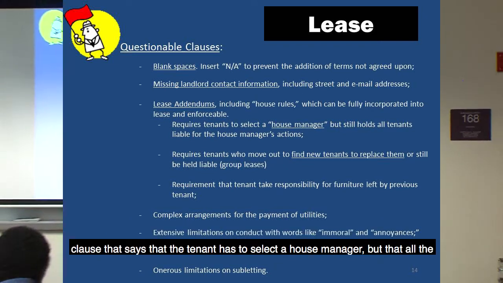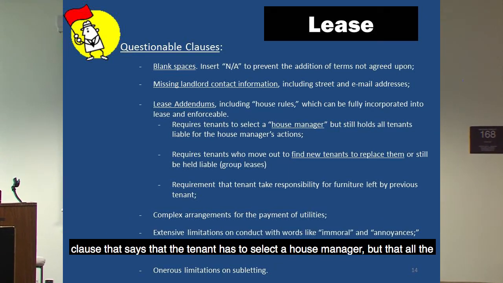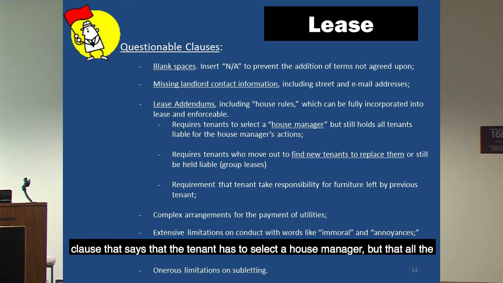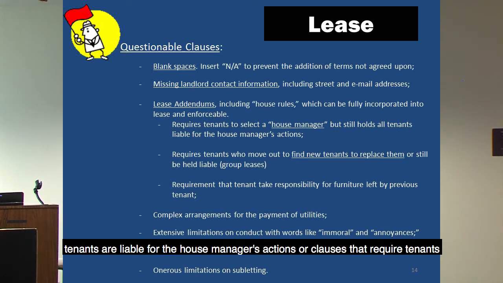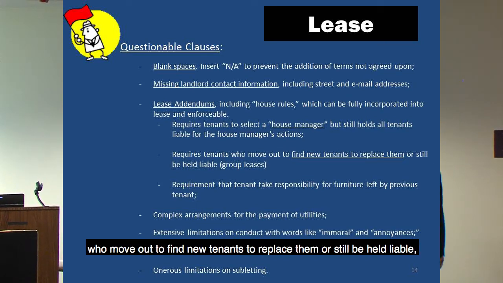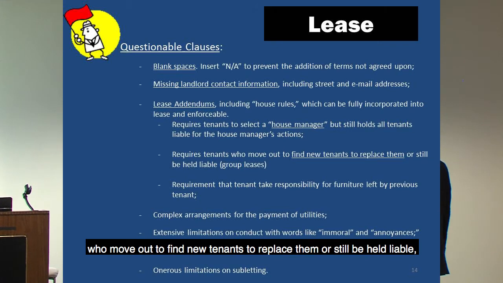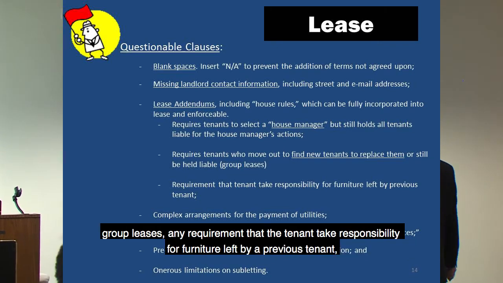A clause that says that the tenant has to select a house manager, but that all the tenants are liable for the house manager's actions. Or clauses that require tenants who move out to find new tenants to replace them or still be held liable, group leases.